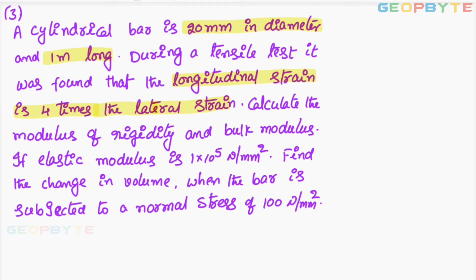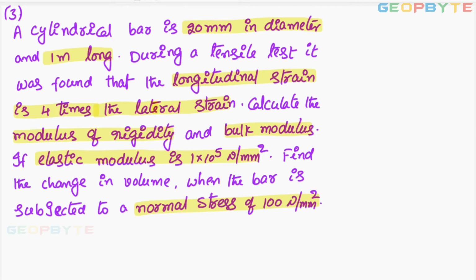Calculate modulus of rigidity and bulk modulus. If elastic modulus, that is Young's modulus, is 10 power 5 Newton per mm square, find the change in volume when the bar is subjected to a normal stress of 100 Newton per mm square.